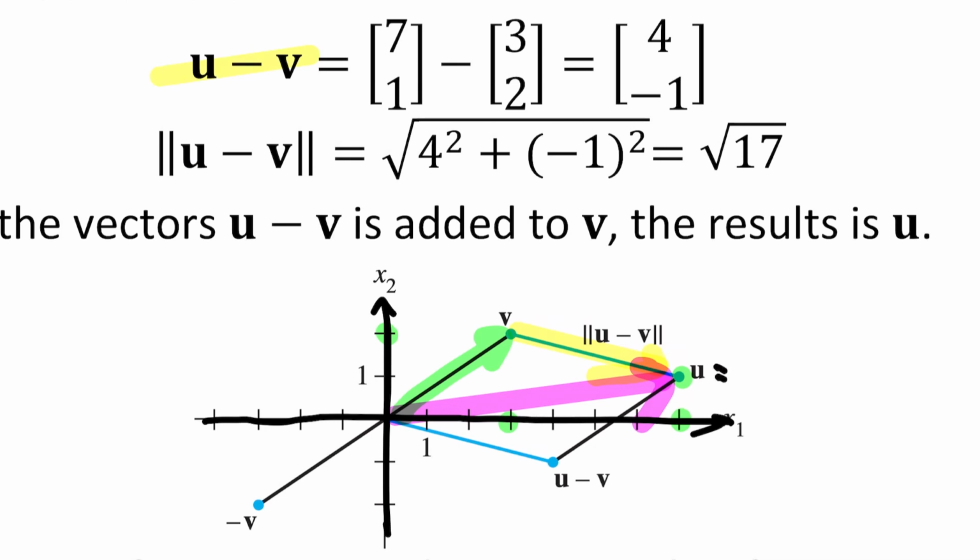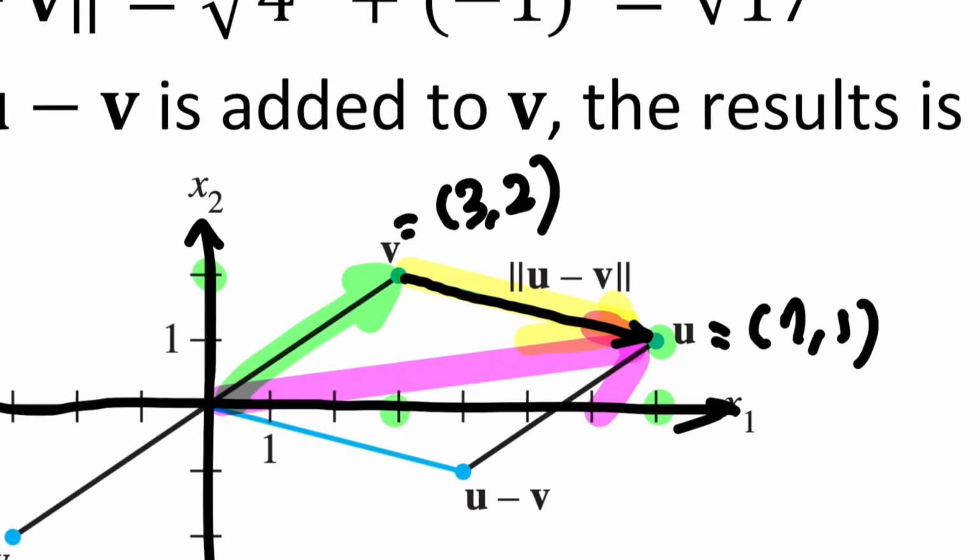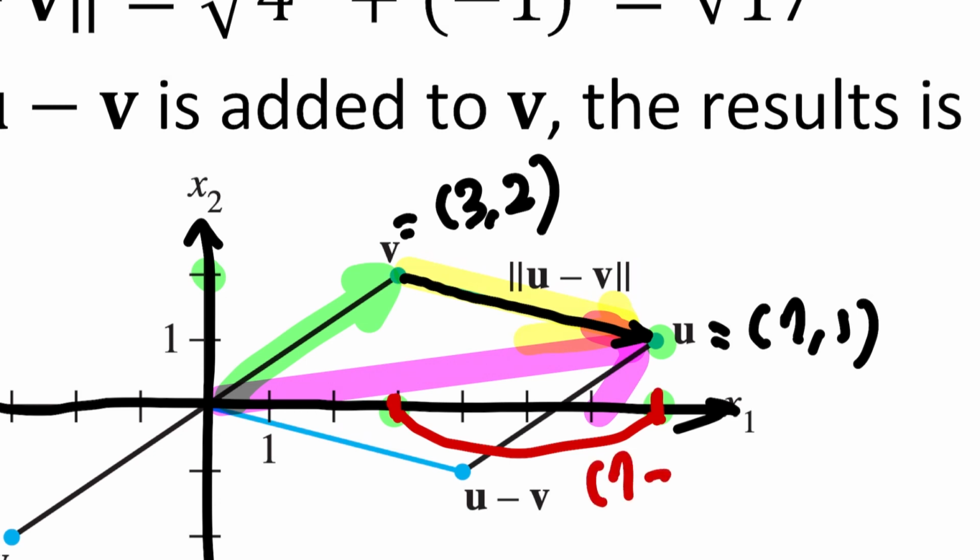Okay, let's see the values. This is 7, 1. This is 3, 2. Then what is this vector? Because this is 7, this is 3, this should be 7 minus 3, right?